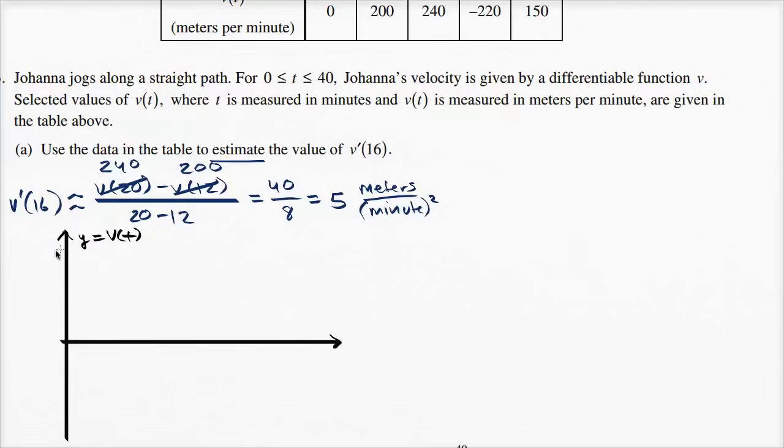Let's make that 200 and let's make that 300. Then this would be 200 and 100, and then that would be negative 100, negative 200, and negative 300.